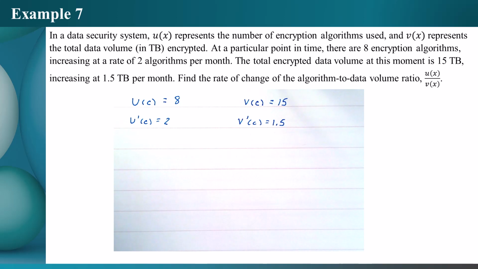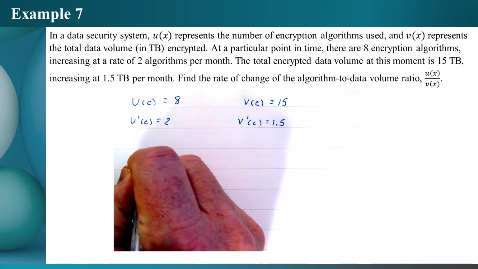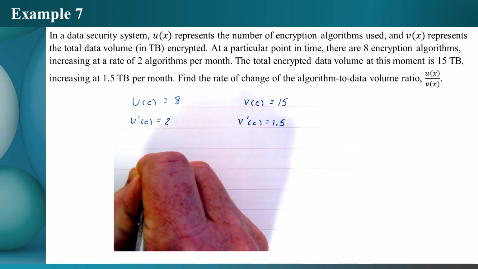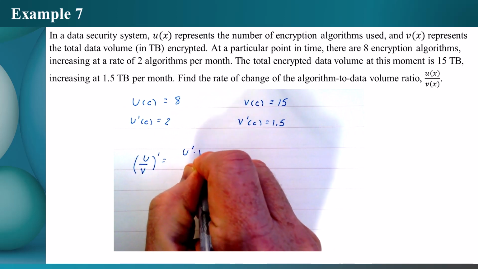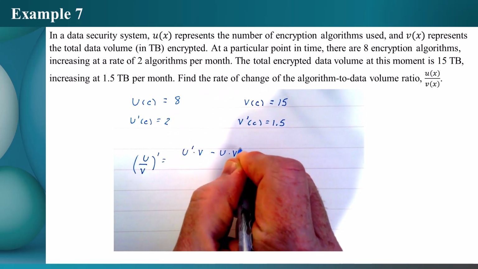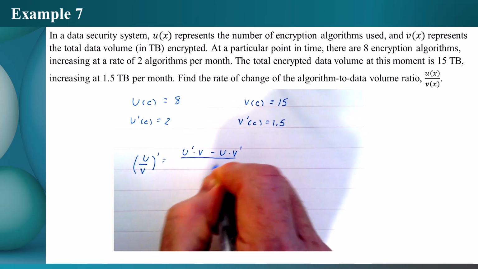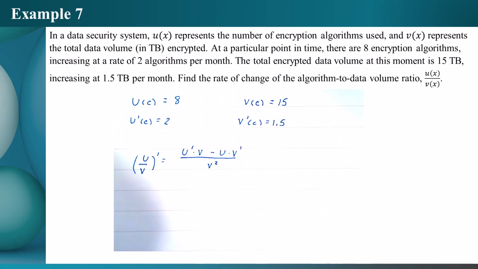Well, now this rate of change will be found using the quotient rule. We know that U over V prime is equal to U prime times V minus U times V prime, all divided by V squared. And so we'll just plug in our values here for U prime, V, U, V prime, and see what we get.